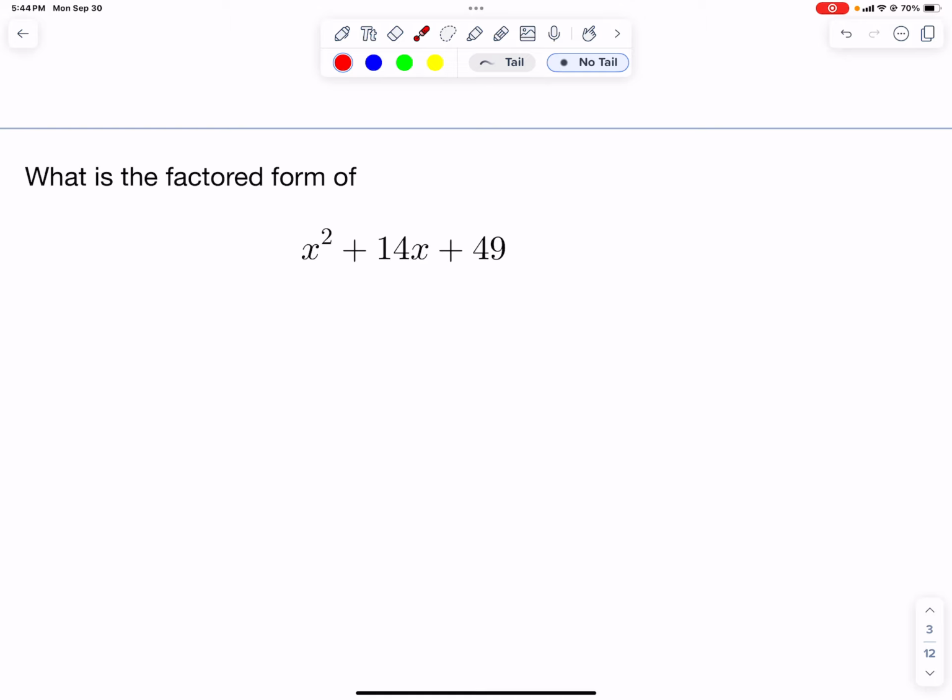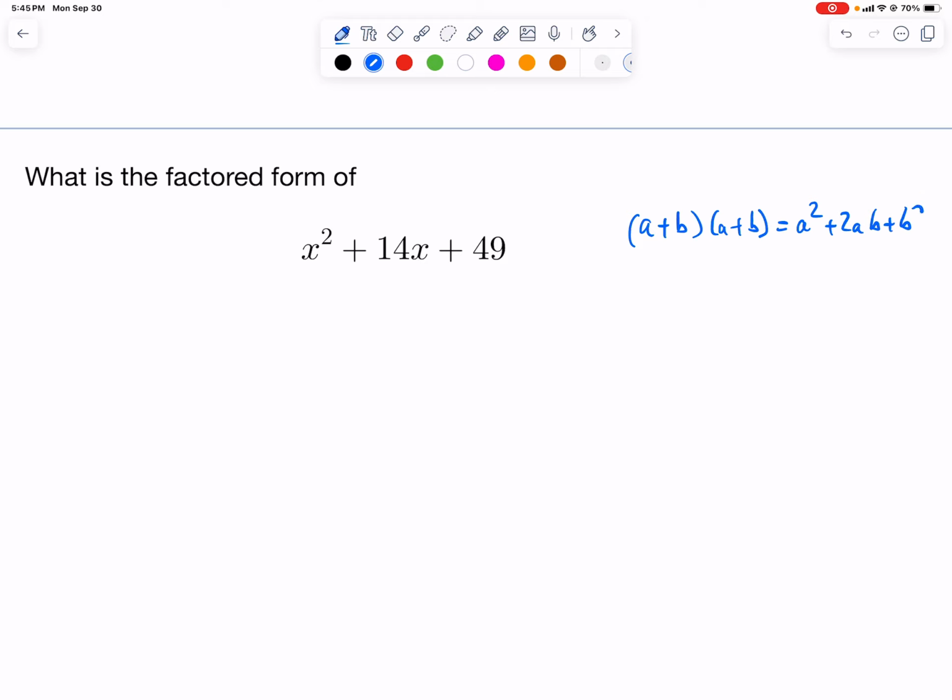All right, so what is the factored form of x squared plus 14x plus 49? Hopefully you will have recognized that this format was what we just worked out earlier. I'm going to write this on the side. We said that a plus b times a plus b is equal to a squared plus 2ab plus b squared.